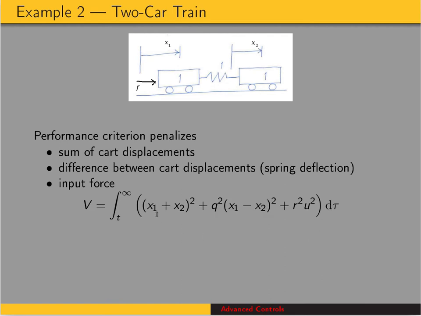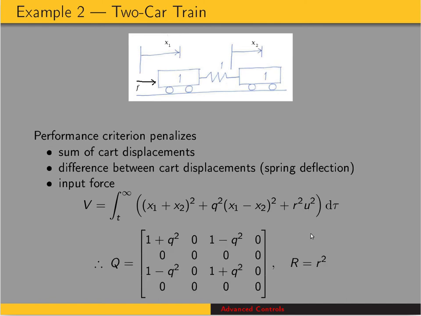And here is that resulting performance criterion. We've got x1 plus x2 squared, and then q, which is a weighting factor for the spring deflection, x1 minus x2 squared, and r, which is our weighting factor for the input squared. That corresponds to the matrix Q that looks like this, and R equal to little r squared.